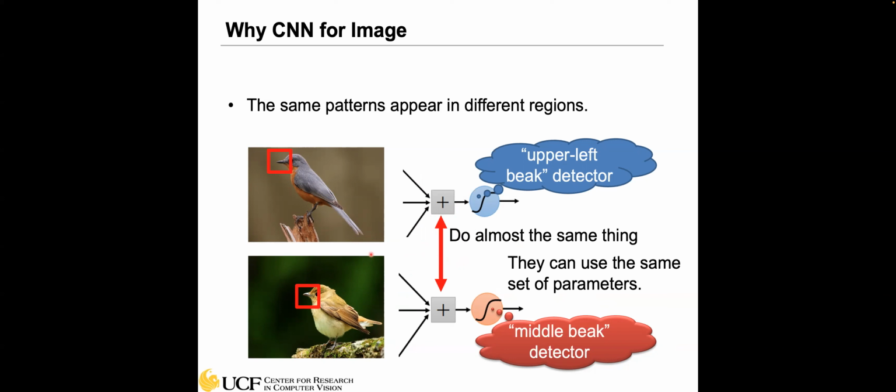So maybe we can just use the same neuron, the same set of parameters, sliding around this image so that the same pattern can be discovered, rather than coming up with a different neuron just for detecting a slightly shifted position.